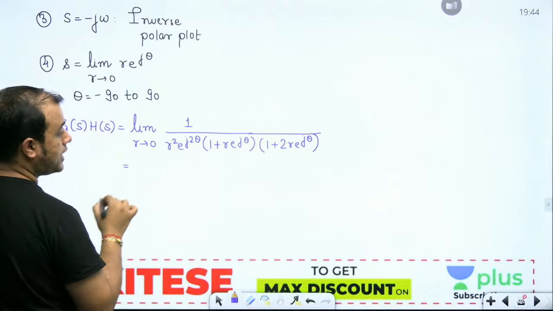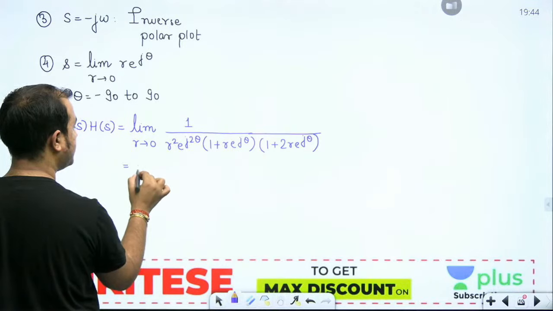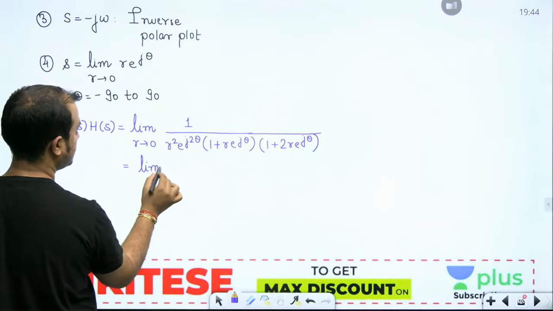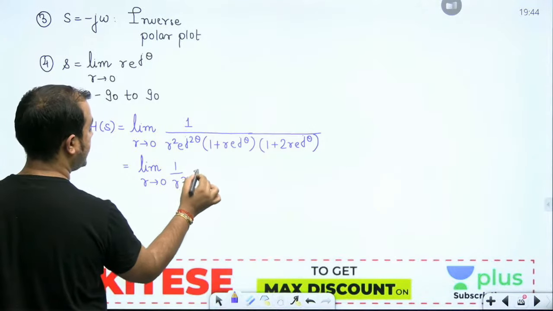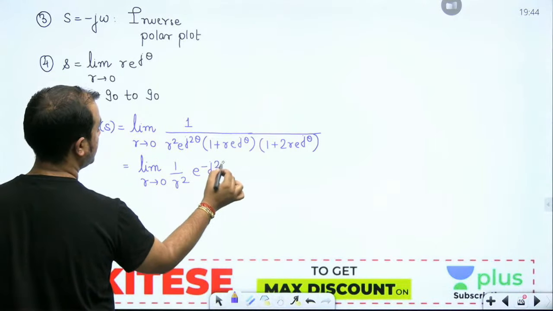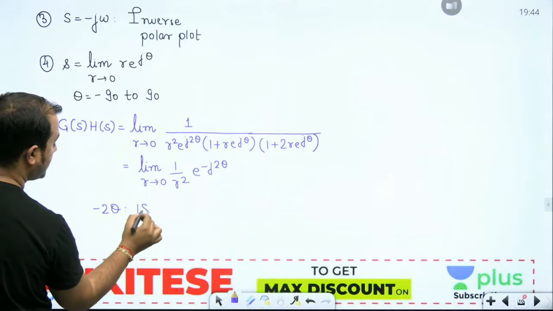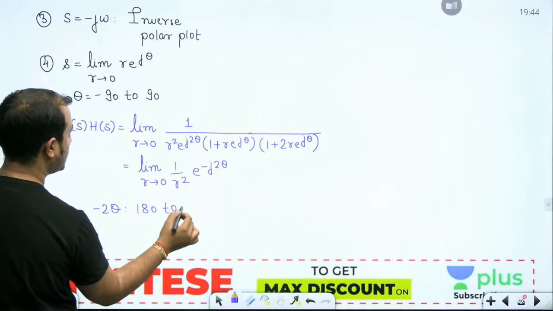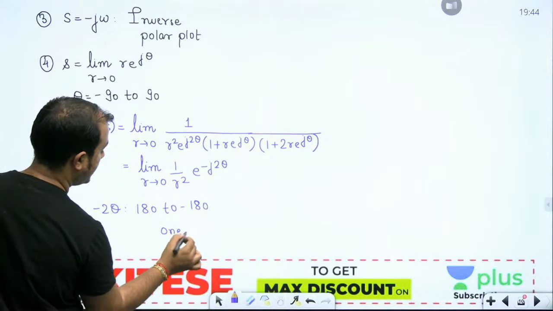Now when r is tending to 0, you can ignore r in front of 1. So this radius tends to infinity, and my dear, minus 2 theta will go from 180 to minus 180. That is one circle.